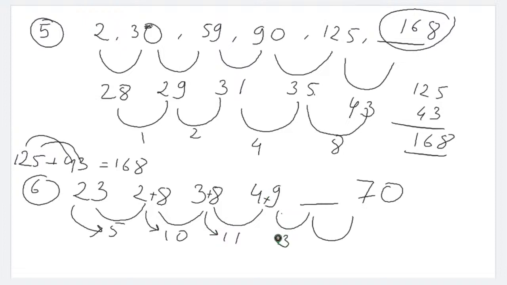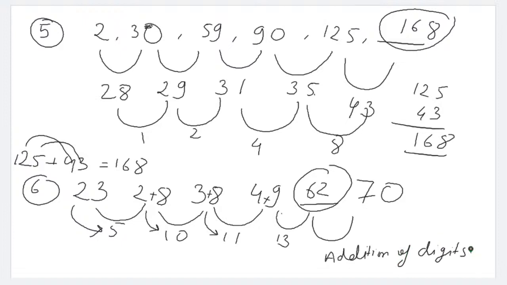And 49 plus 13 becomes what? 62. So basically question number 6 was addition of digits.